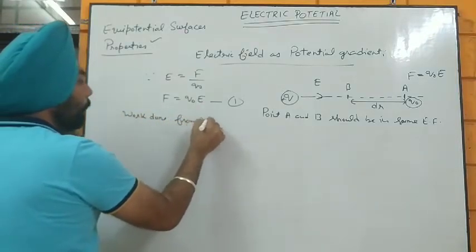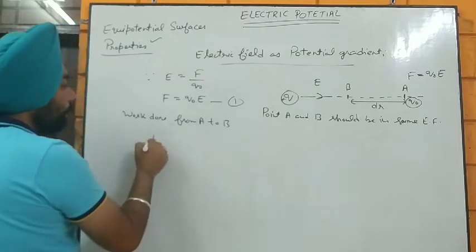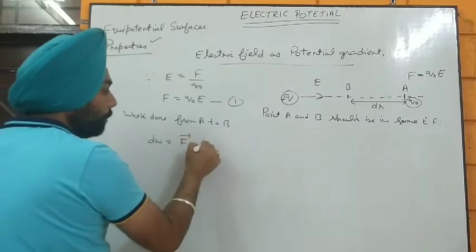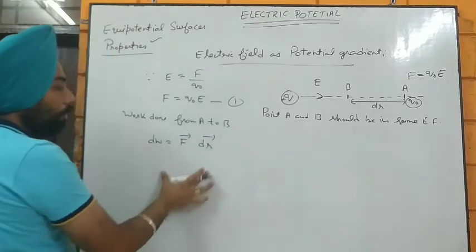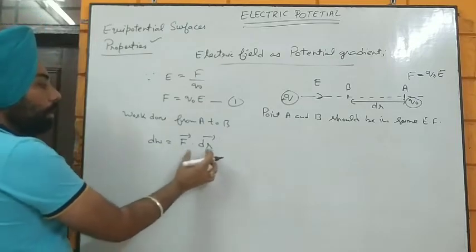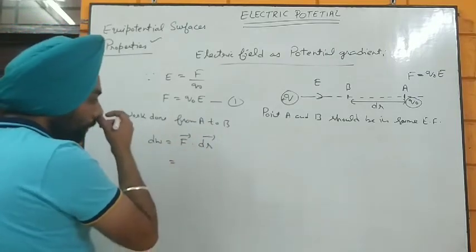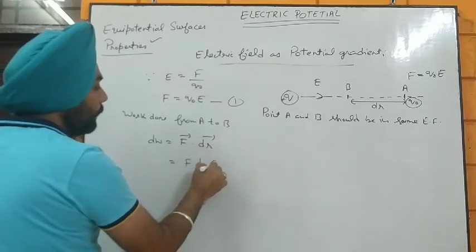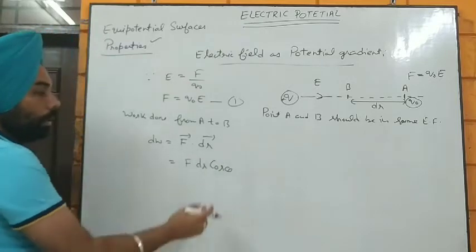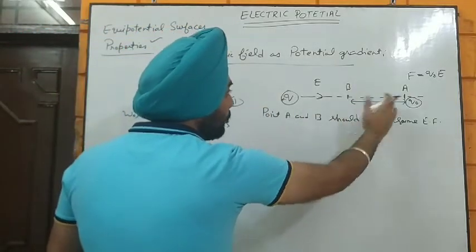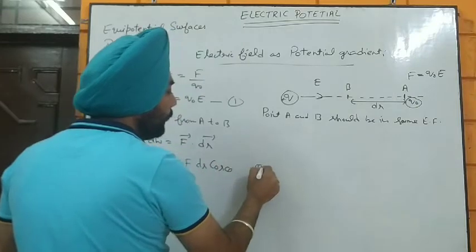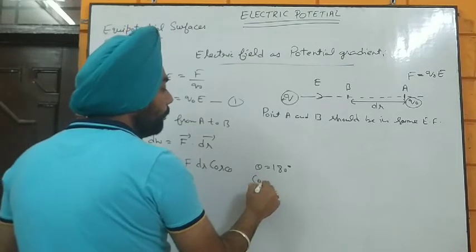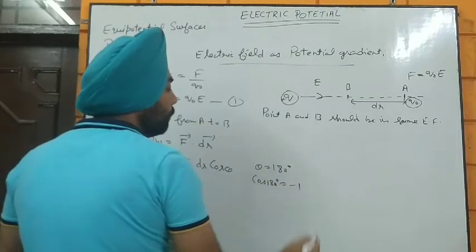This small work done is force into displacement, dW = F dr cos theta. Now the force is against the work done, so theta is 180 degrees, anti-parallel, and cos 180 is minus 1.